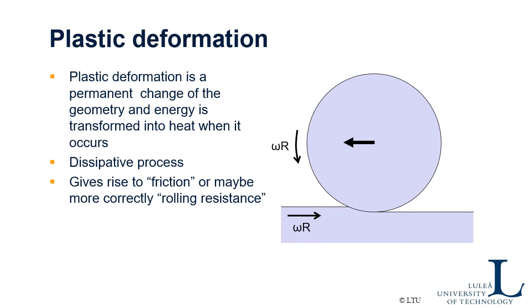There is also a plastic deformation part of this one. If you think about it, you may have a wheel here. It may be a very hard wheel, and it may roll on a softer surface.